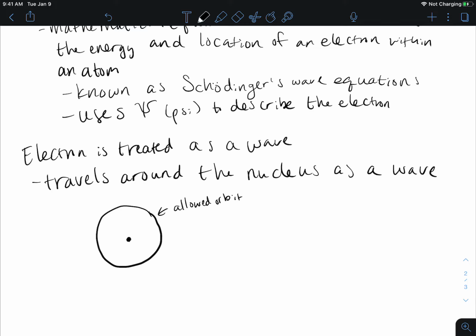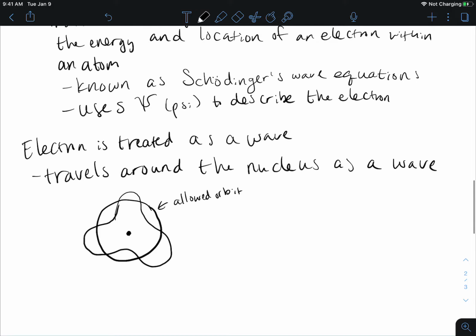But taking into account the idea of a wave, it looks more like this, where we have an average distance from our nucleus, but our wave, when it comes back on itself, has to constructively interfere, so it has to overlap.